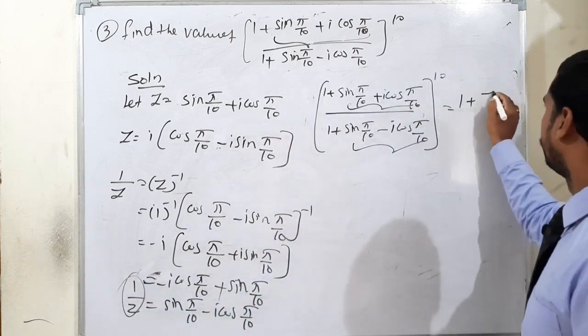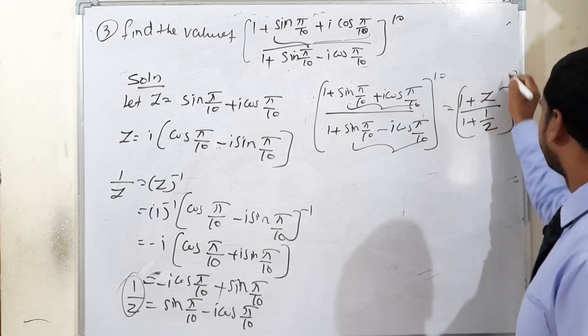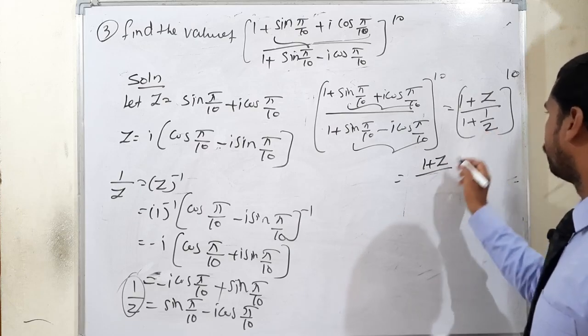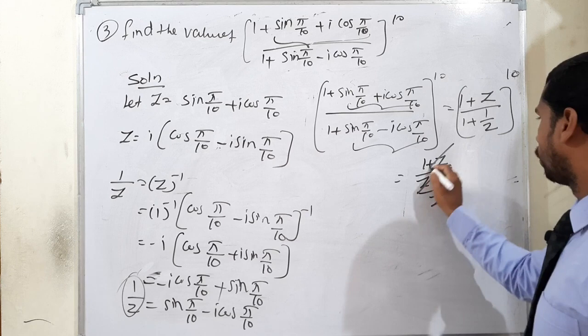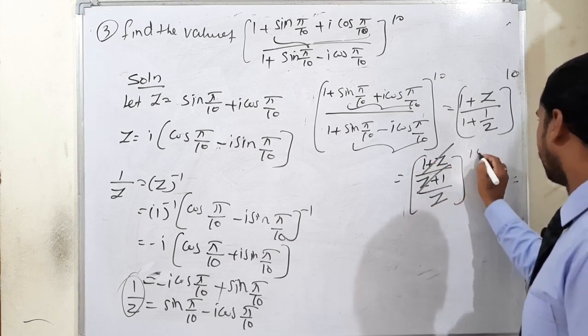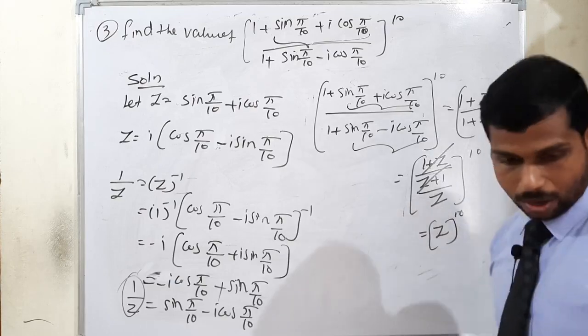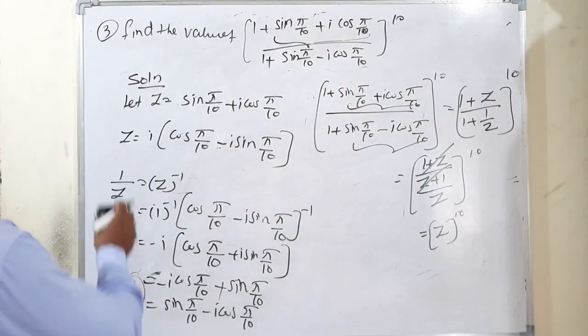Therefore, (1 plus z) divided by (1 plus 1 by z), the whole power of 10. The numerator is as it is, 1 plus z, but in the denominator, simplifying gives (z plus 1) by z. The 1 plus z cancels, so the whole power of 10 is equal to z to the power 10. Now we have considered z to be sin pi by 10 plus i cos pi by 10.